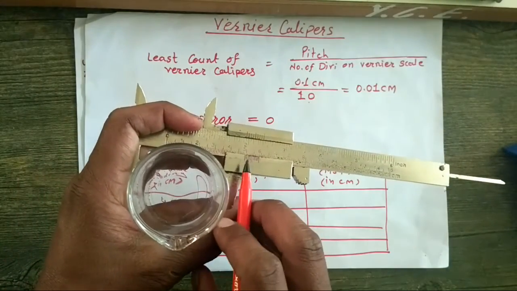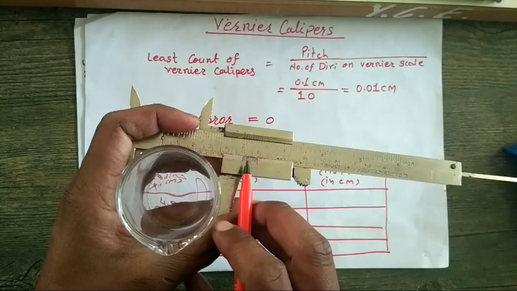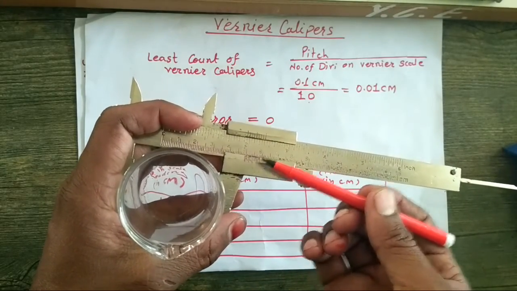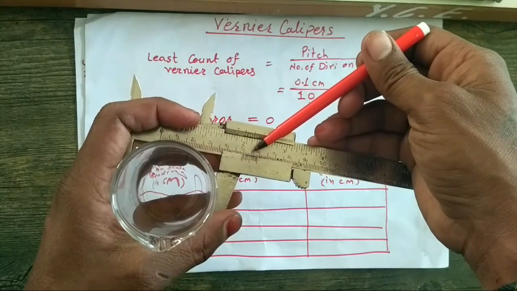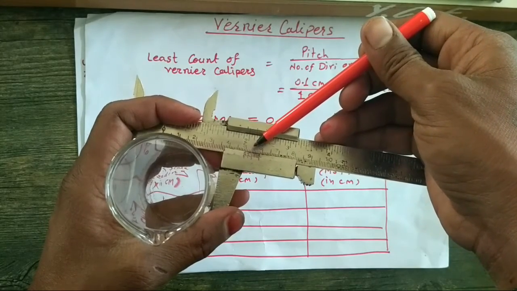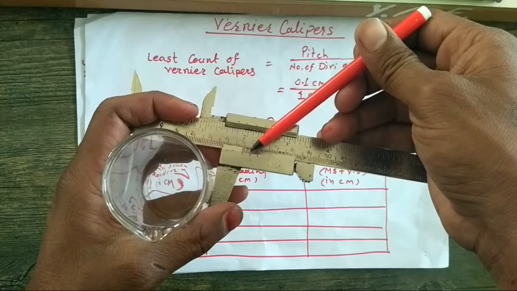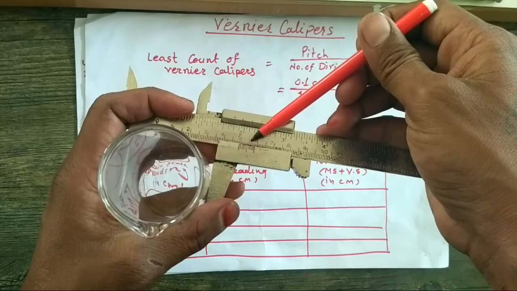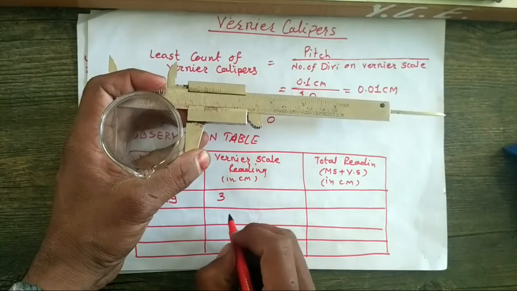Now we are to find the line of the vernier scale which is exactly aligned with a line of the main scale. As I can see, the third line of the vernier scale is exactly aligned with the main scale. So the number of divisions on the vernier scale is 3.